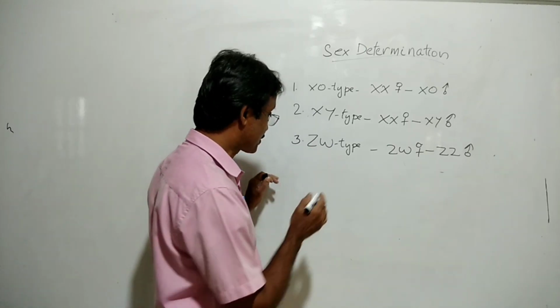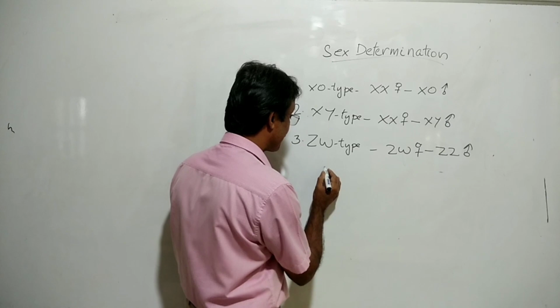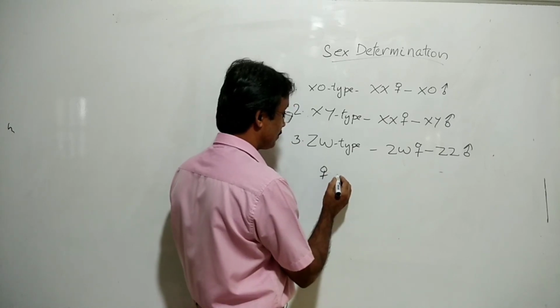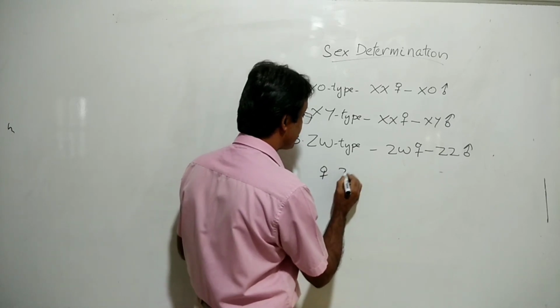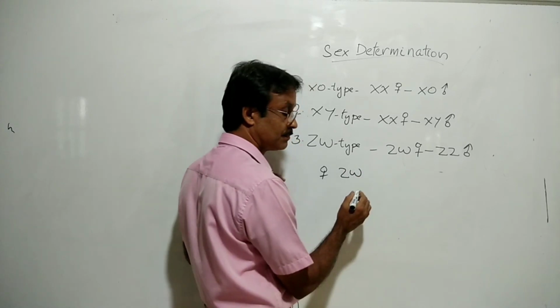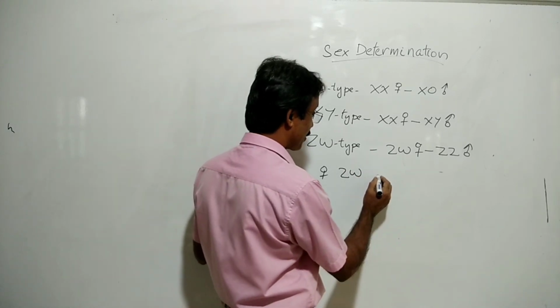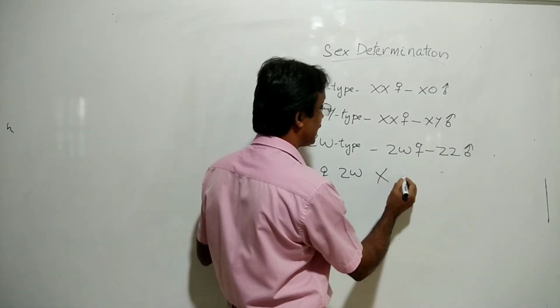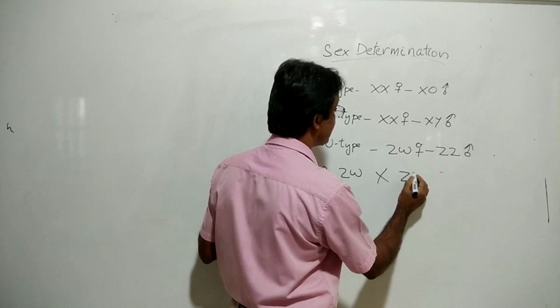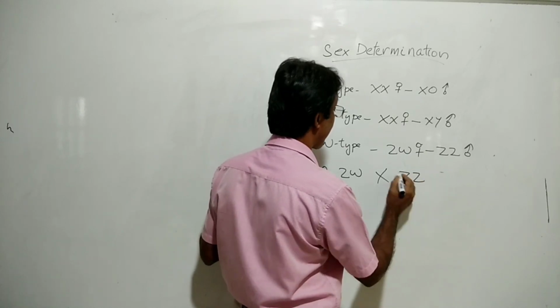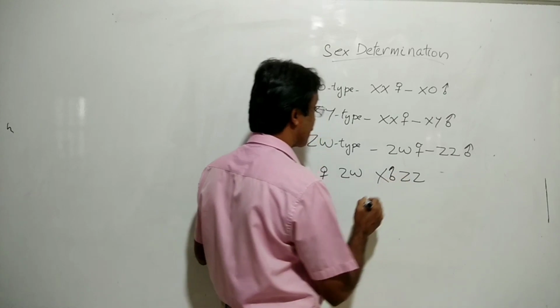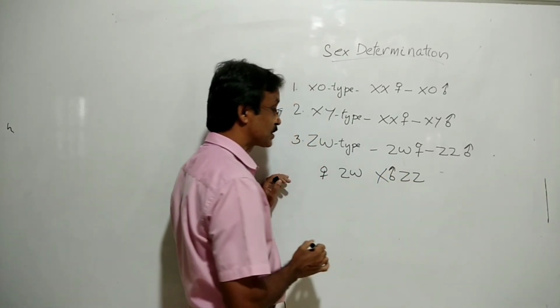Thus in birds, the female has ZW sex chromosomes, but male possess ZZ sex chromosomes.